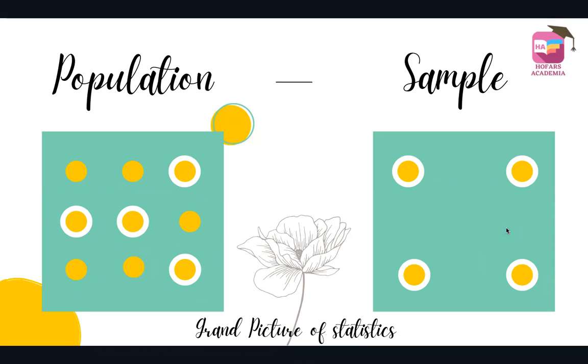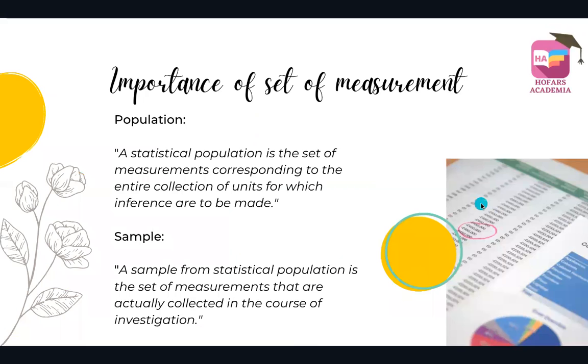So mostly, only a few features or traits of an object or individual are considered for drawing conclusions during research. And this observation emphasizes the importance of something called a set of measurement.